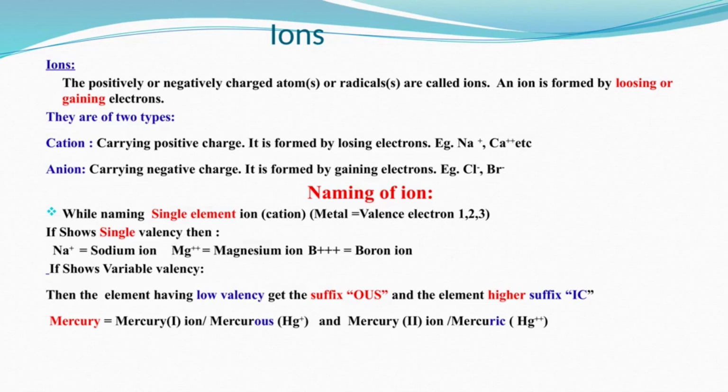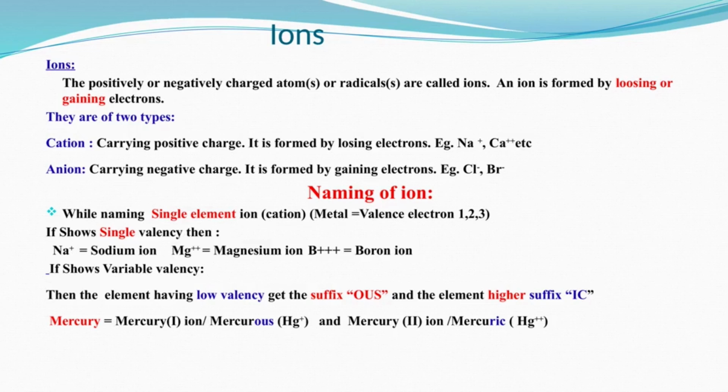Yesterday we discussed variable valency as well as monovalency. So for sodium, Na plus, we call it the simple element plus ion. Na is the symbol of sodium, having a positive charge, so we will call it a sodium ion. Similarly, magnesium carries 2 plus, that is the magnesium ion, Mg2 plus. Simply we will call it a magnesium ion. Similarly, we will say boron ion.